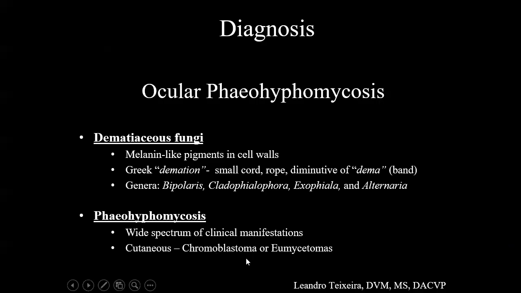The interesting part here is that they tend to be opportunistic agents, meaning they will cause infection in animals that are susceptible. One of the susceptibility factors could be an immune deficiency or immune suppression. We don't know if this cat had anything in that regard because there's no clinical history, but FeLV, FIV, or immunosuppressive treatments of any other form could predispose the animal to develop that.